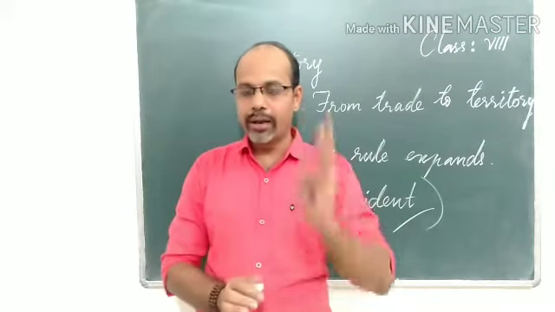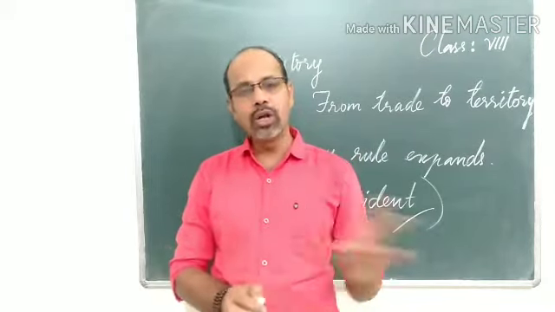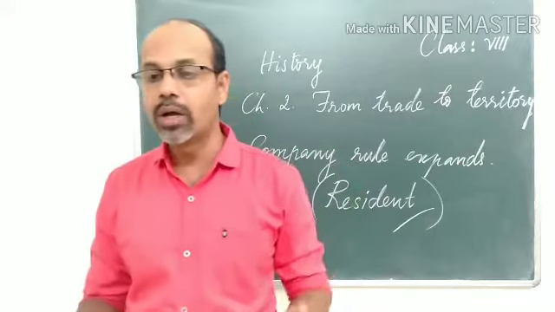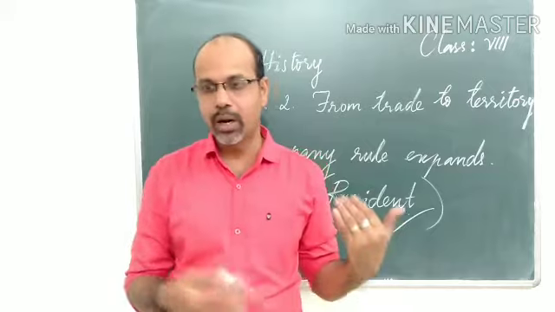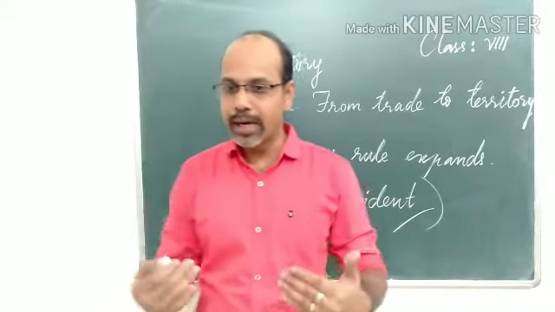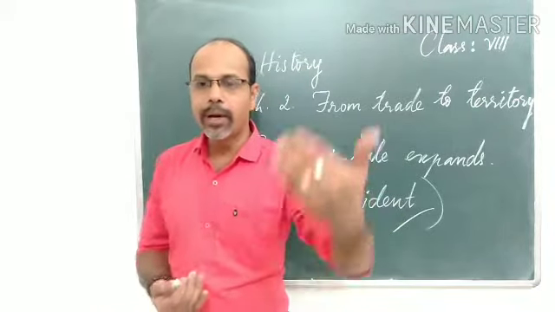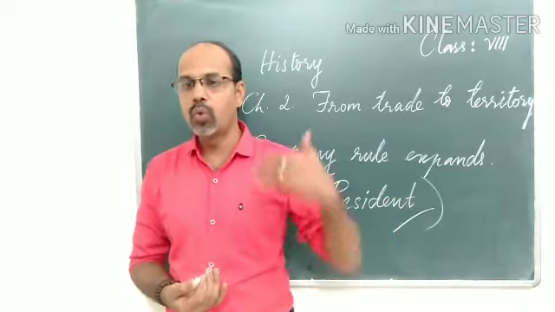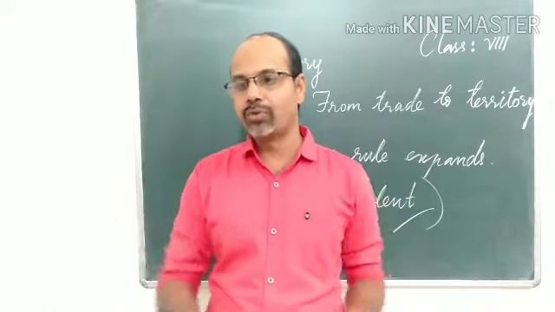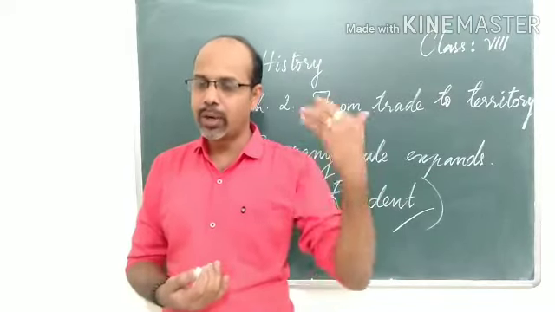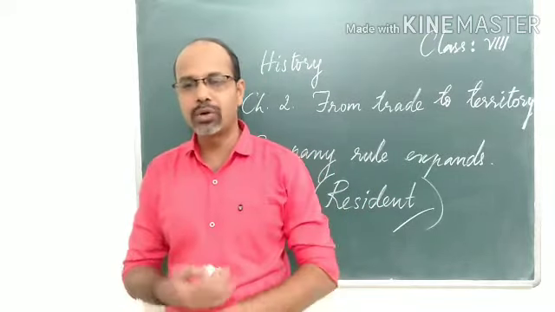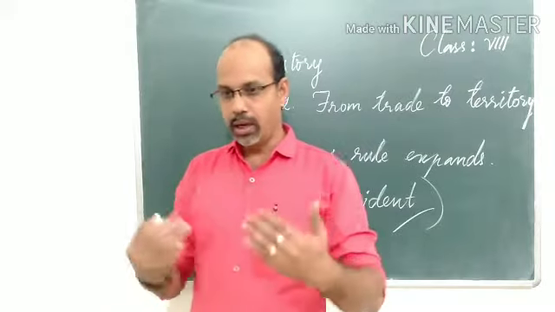Revenue collection, administration, all the royal matters of the Indian rulers were interfered with by the resident, the company official. They tried to decide who was to be appointed to administrative posts, who was to be the successor to the throne, and so on. All political, economic and administrative matters, they began to interfere in.